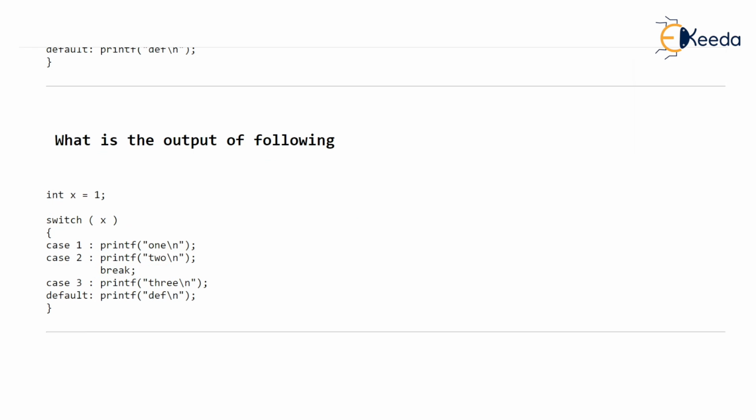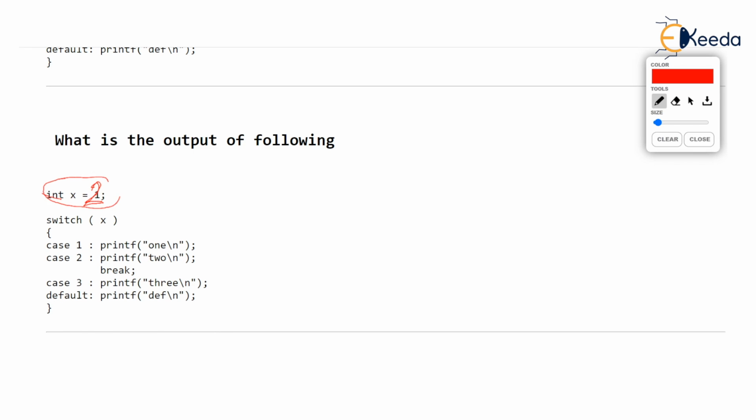Check it again. What would have happened if I had given x as 2 here? Check the initialization. Now the value of x is 2. So when switch x is checked, it will first check whether case 1 is true. But you notice case 1 is false because x is 2. So no question of running printf 1, isn't it? When will the action run?